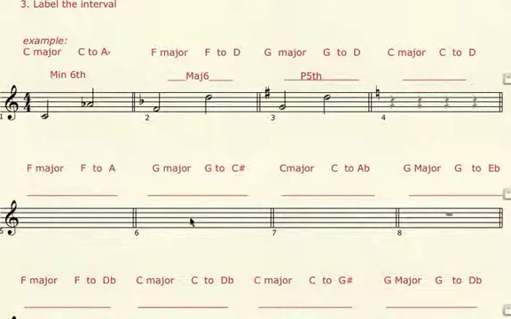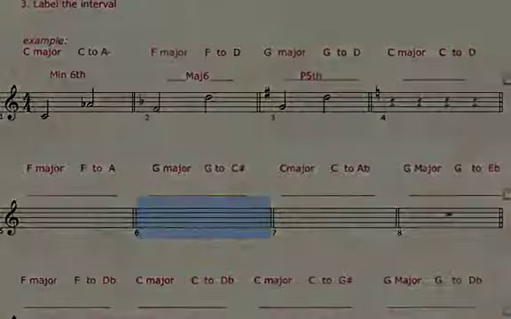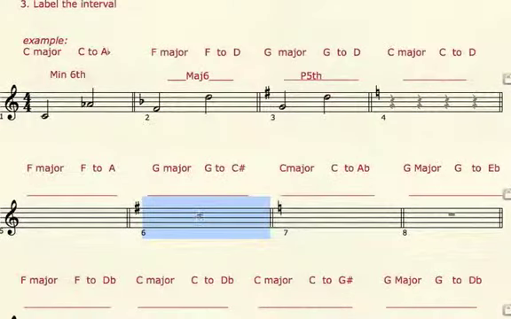Now you'll notice some will start to be non-diatonic. So let's go down here and let's do this one for a minute. We need the key of G, and there it is. And then we need a G and a C sharp. And again we ask ourselves the question, is C sharp in the key of G? The answer is no. And then you say, well, what kind of C is in the key of G?